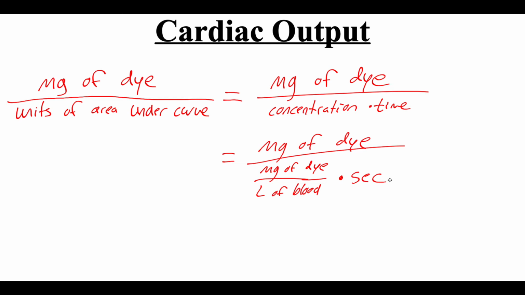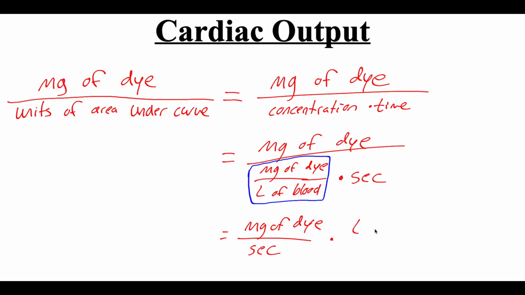Now, we don't typically like to divide by other fractions, so I'm going to take this fraction right here, separate it off of this other fraction, and instead of dividing by a fraction, we're going to multiply by the reciprocal. I'm going to leave the milligrams of dye on top of this fraction and the seconds on the bottom, but then multiply by the reciprocal of that blue boxed fraction.